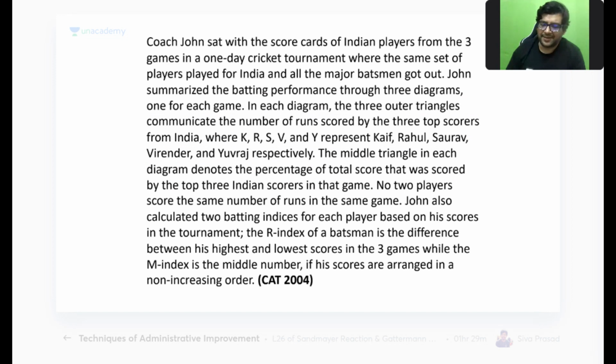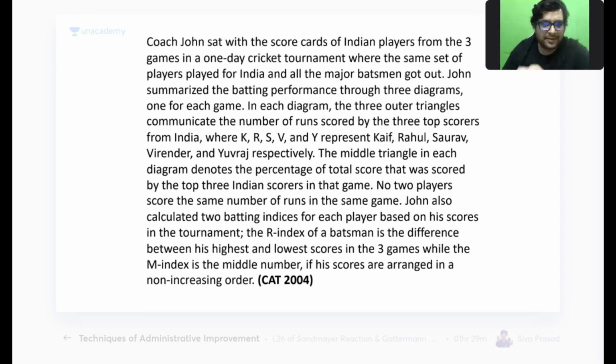Let us try this particular set and tell me how you're going to solve this one. Coach John sat with the scorecards of Indian players from the 3 games in a one-day international tournament, where the same set of players played for India.